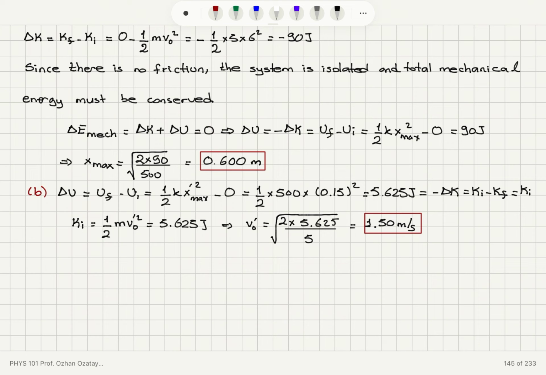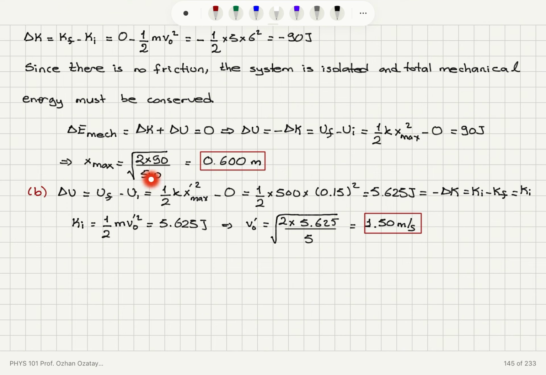We have no external force. The system is isolated. There is no friction. And so if we calculate delta K with a final kinetic energy of 0, we find that it's minus 90 joules if V0 is 6 meters per second. And delta U is minus delta K, so it is plus 90 joules, which is equal to the potential energy stored in the spring at the point of maximum compression.